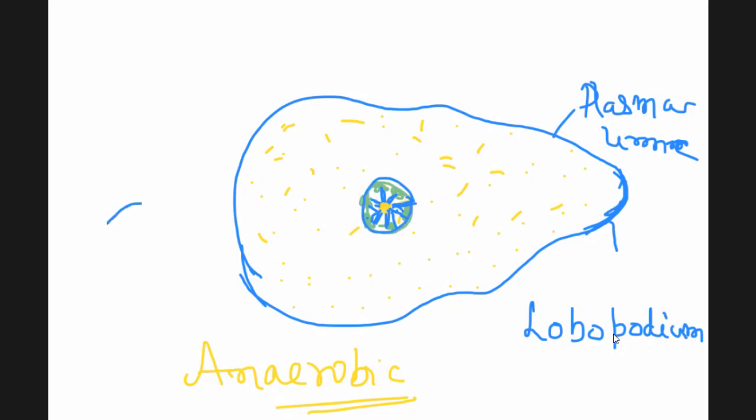I'll draw here. Nuclear membrane. This is the chromatin. Much of the chromatin is seen below the nuclear membrane, and it looks like granules like this.